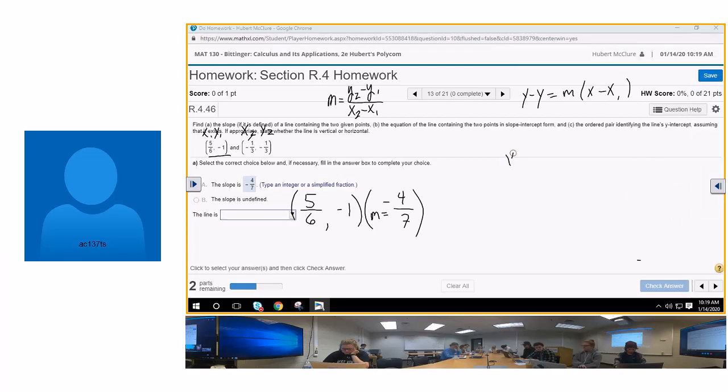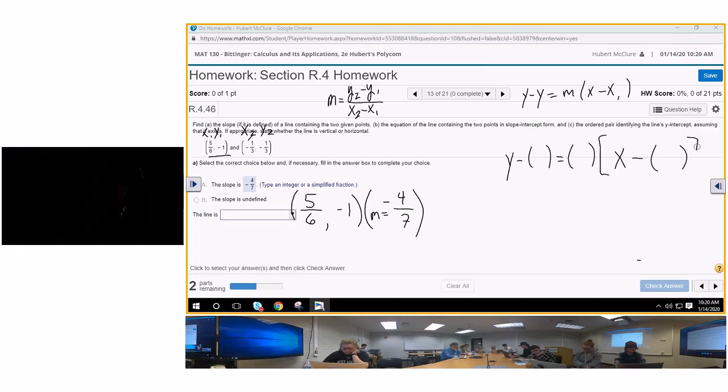Y minus parentheses equals parentheses times x minus parentheses. Y sub 1 is what? -1. X sub 1 is what? 5/6. And m is -4/7.